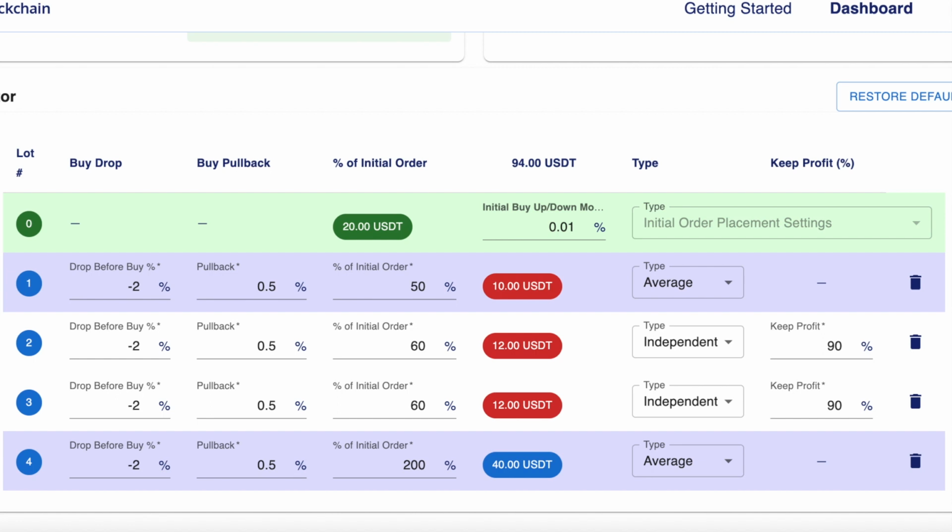So if the price is going down, it went down by 2%, and then it went down by 3%, and then it went down by 4%, and then there was a pullback in the market, meaning that the price is starting to go back up again. So in this case, it's saying the price can keep dropping, and if the price goes up by 0.5%, that will trigger the robot to buy another lot.